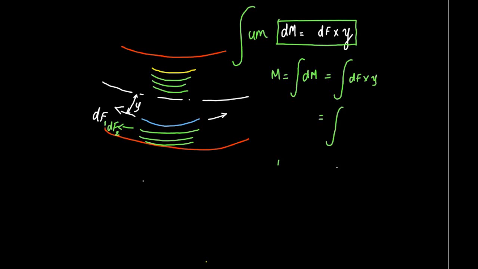Stress is equal to load by area, so load is equal to stress into the corresponding cross-sectional area, which is dA, into y. Because if I just take one layer and look at the cross-sectional area of this layer, it's a small cross-sectional area, dA.